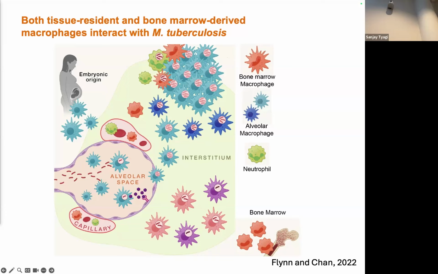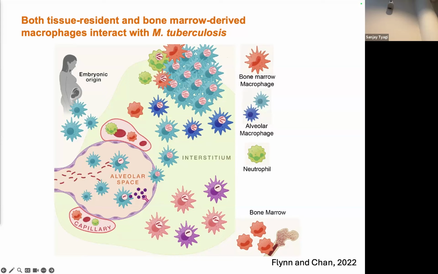And it seems that different TB strains have different ability to permeate through this epithelial layer. There are more infectious strains that Padmini studies, which may be able to enter through the layer more avidly than the other strains.